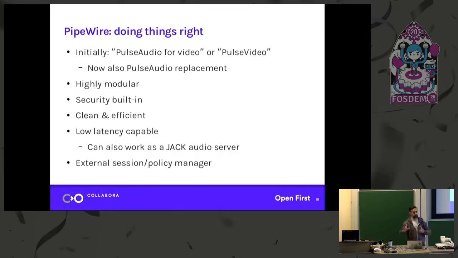There is access control per application, per device, and you can give certain applications access to do certain things and not other things, and that's what I mean with security. It's very clean code and much more efficient than Pulse Audio. It's capable of doing low latency audio, and it actually implements the JACK API, so it can also work as a JACK audio server.